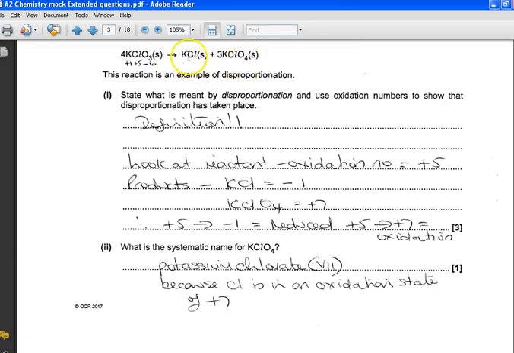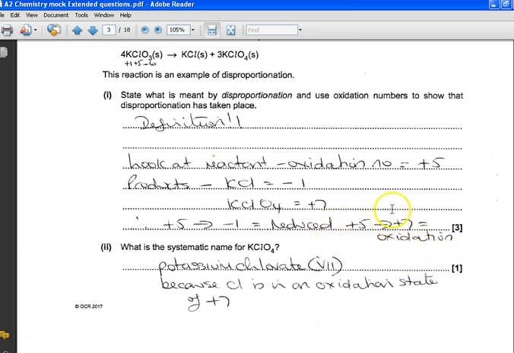So then you have to work out the oxidation state of chlorine in the 2 products. In KCl it's minus 1, and in KClO4 it's plus 7. So you're going from plus 5 to minus 1, which means you're gaining electrons, and then you go from plus 5 to plus 7, which means you're losing electrons.